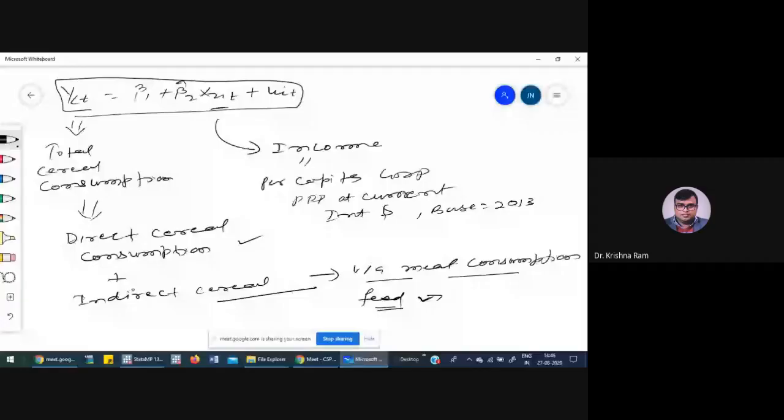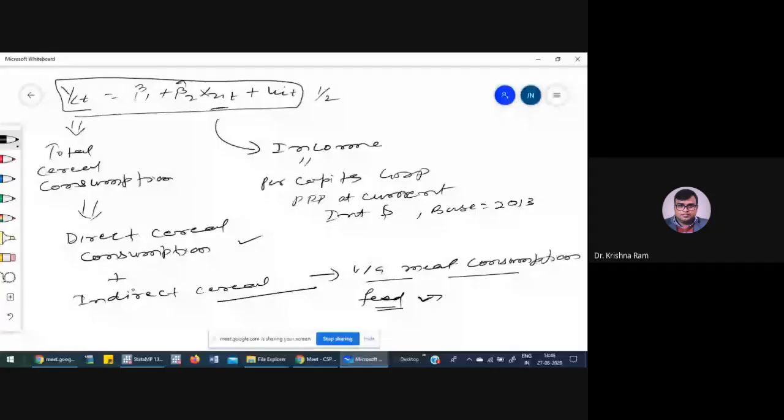Let's suppose that in the chicken meat case, probably half a kg of cereal is required to produce 1 kg of meat. In the goat case, that would be probably 3 to 4 kg. In the buffalo or bovine case, probably 6 to 8 kg of cereals are required to produce 1 kg of meat.